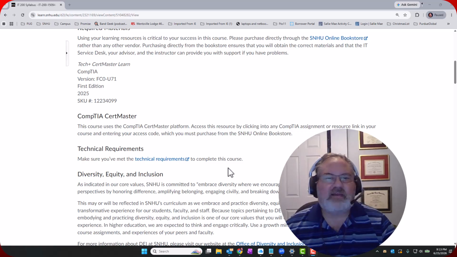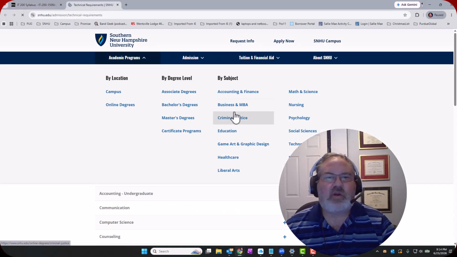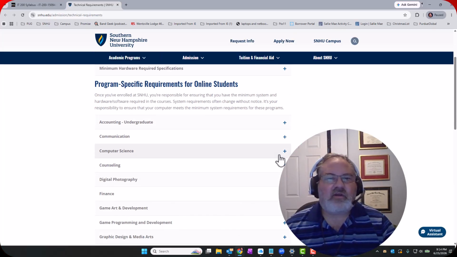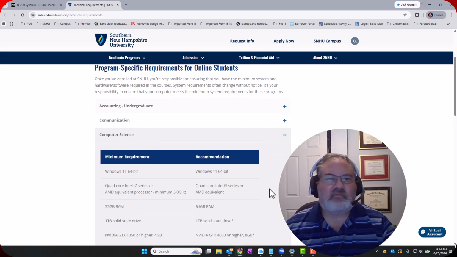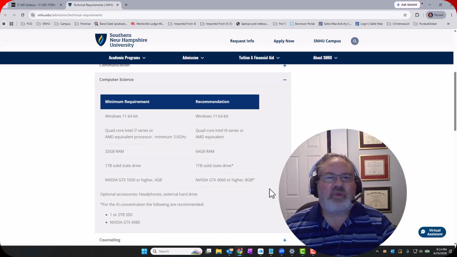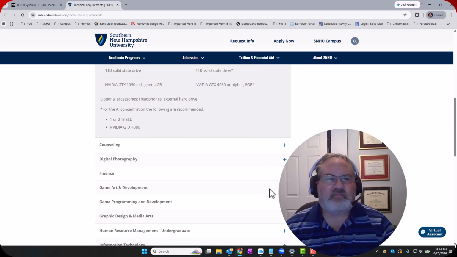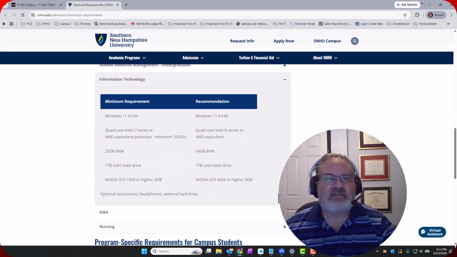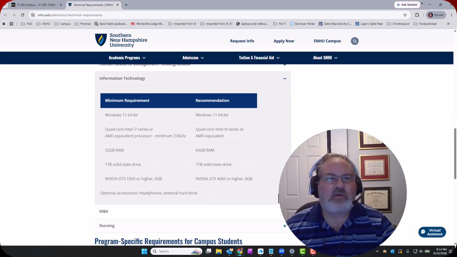Technical requirements. Make sure you've met the technical requirements to complete the course. If we open these up, we can look at the technical requirements for them. For computer science, it shows your Windows environment. For just regular information technology, I believe it's the same one.